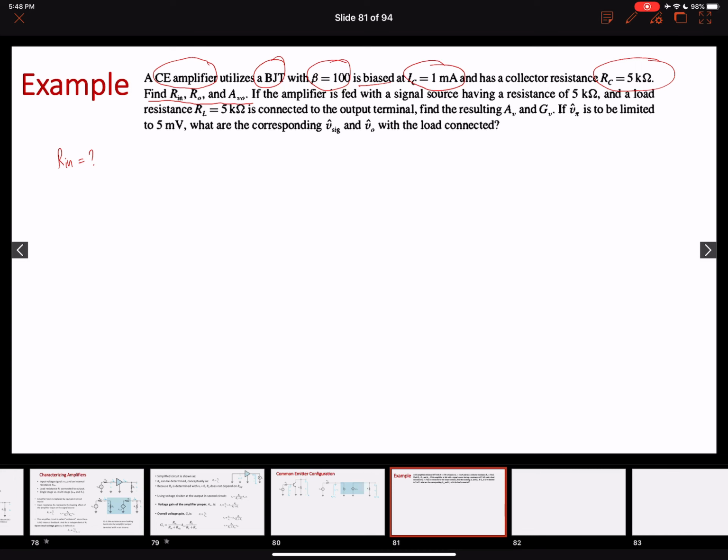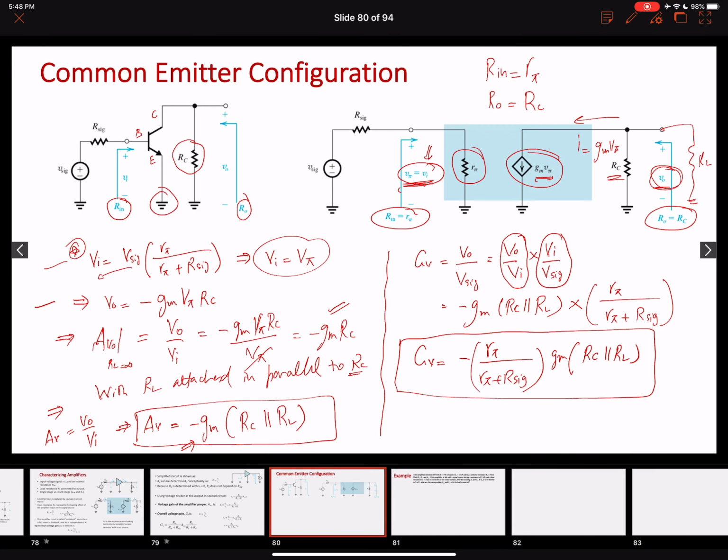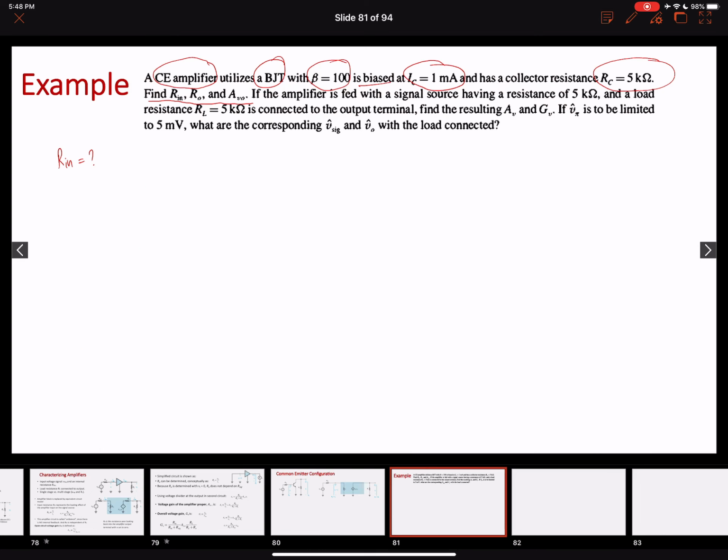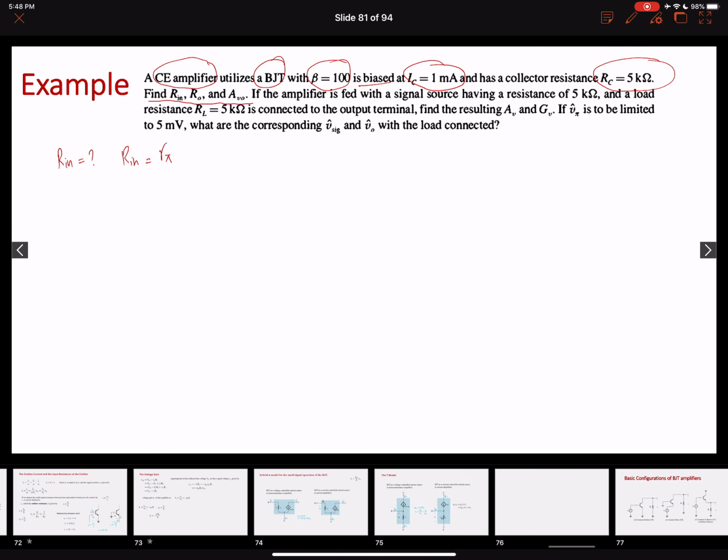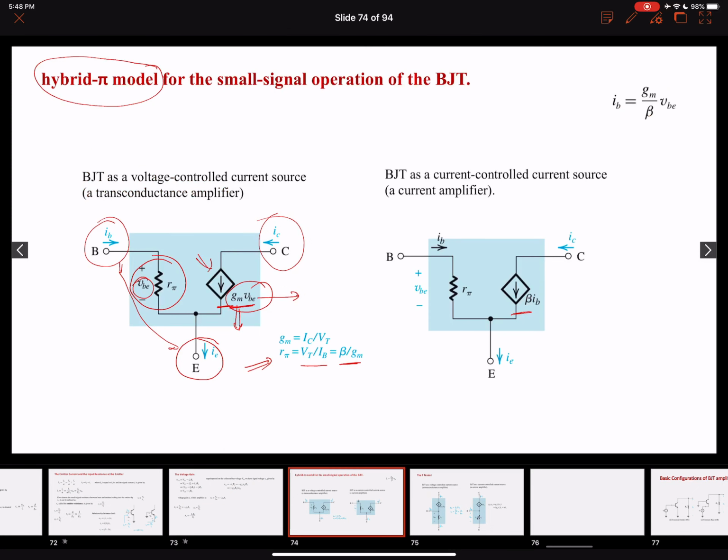What is the value of Rin that we just calculated? We saw that our value of Rin equals R pi. What is the value of R pi? If you remember, in the last lecture we derived all of these values in a lot of detail.